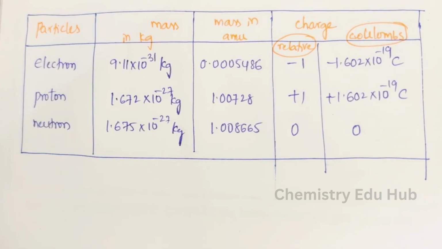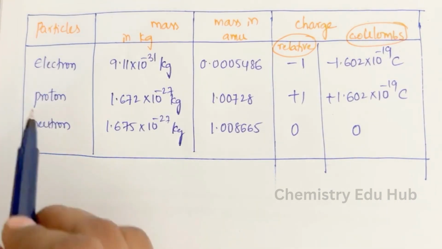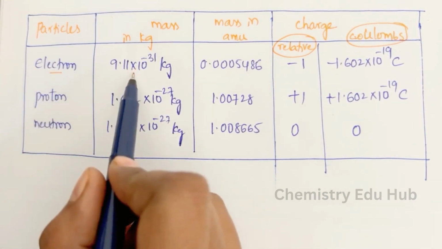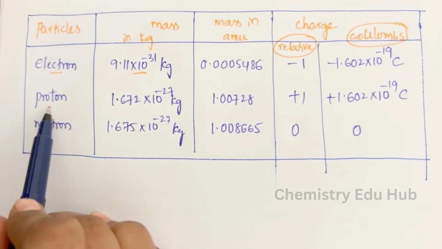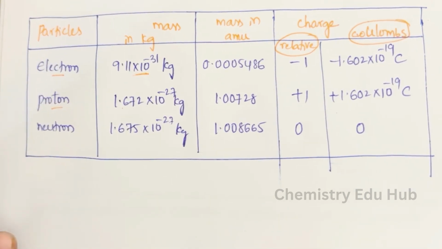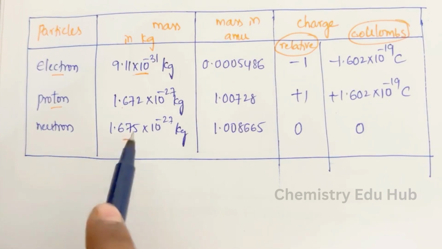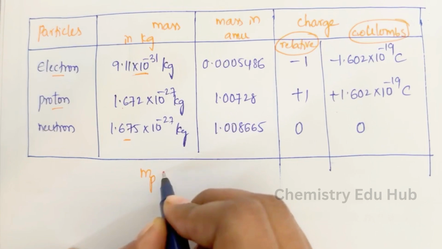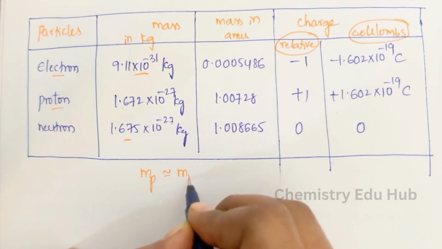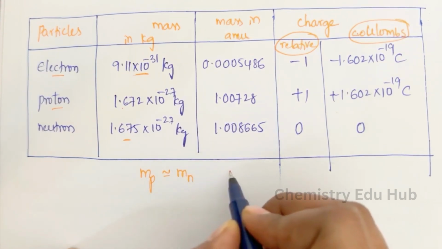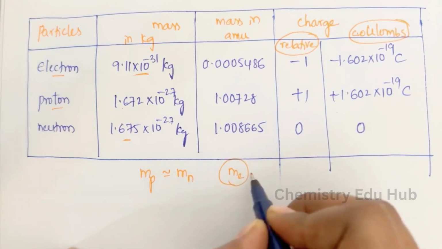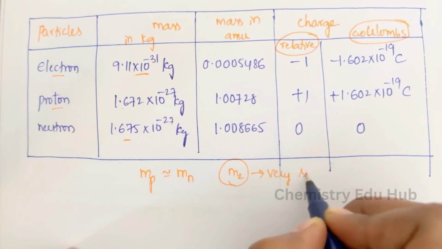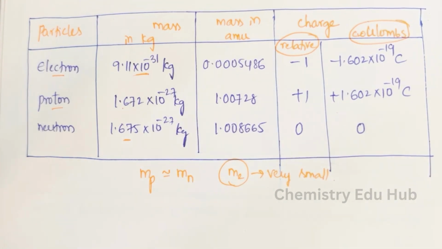If we compare the properties of these fundamental particles, the electron has the least mass, while the proton and neutron have higher mass. The mass of a proton is almost the same as that of a neutron, and the mass of an electron is very small compared to proton and neutron.